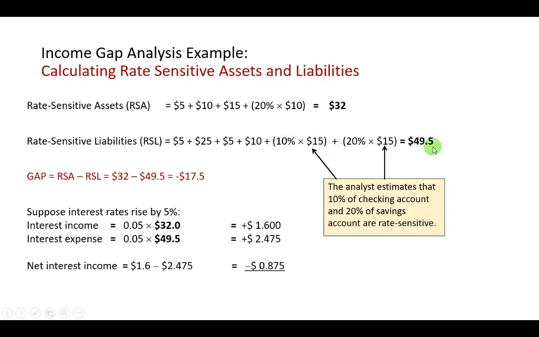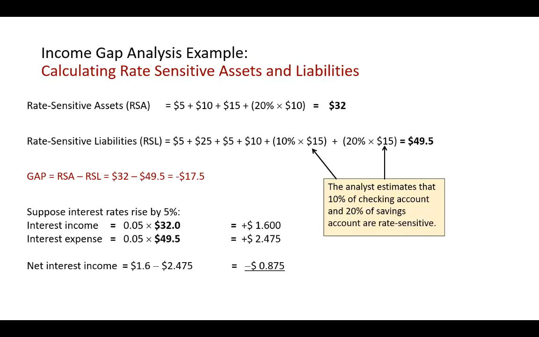As you can see, the rate sensitive assets are less than the rate sensitive liabilities by 17.5 million.